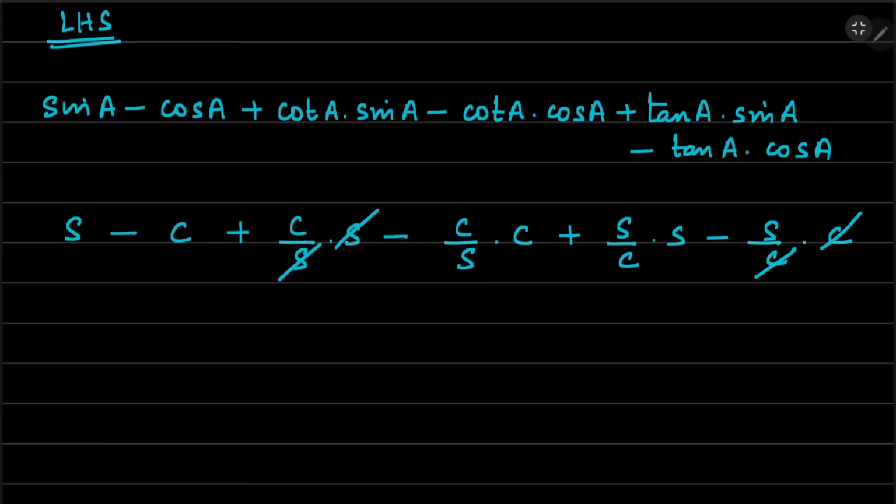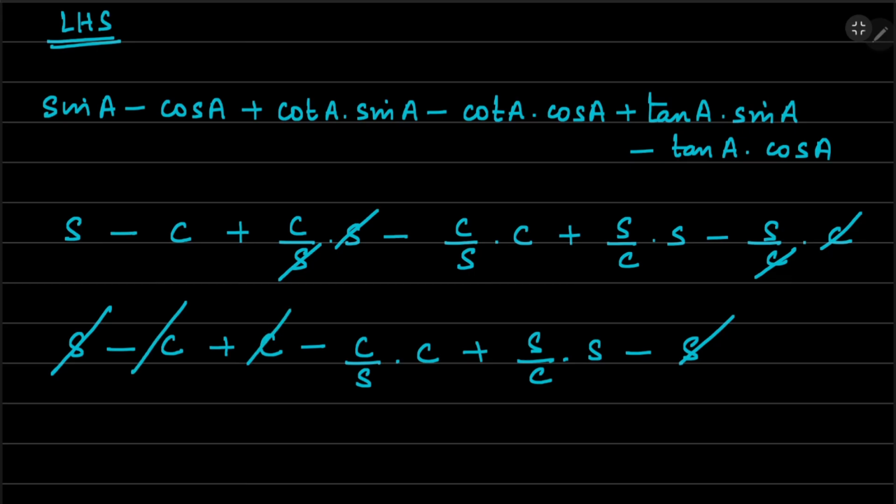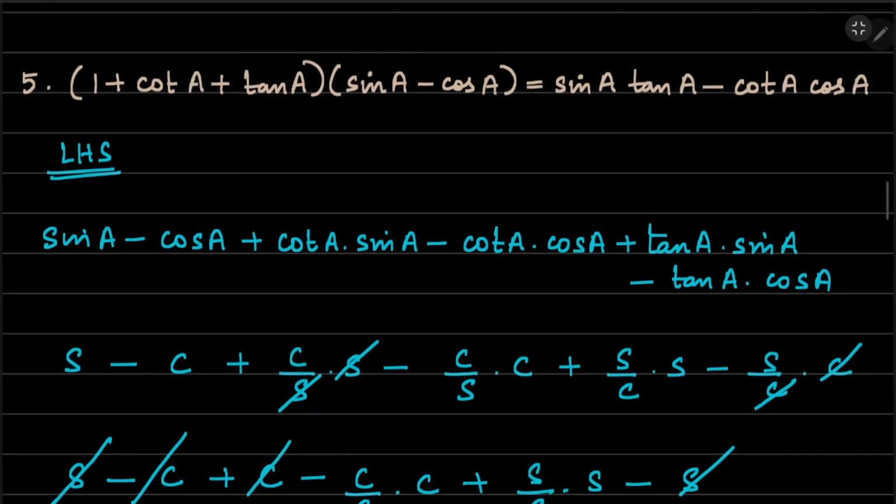Here sine and sine get cancelled. So what we are left with is sine A minus cos A plus cos A minus cos square by sine into cos plus sine square by cos, sine minus sine. So plus sine minus sine gets cancelled, plus cos minus cos gets cancelled here.